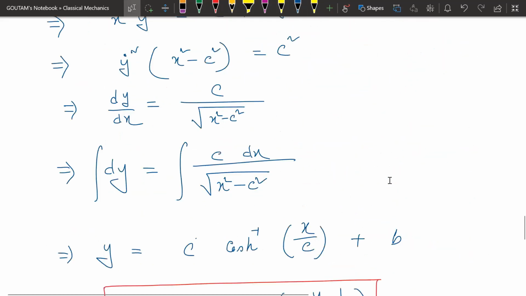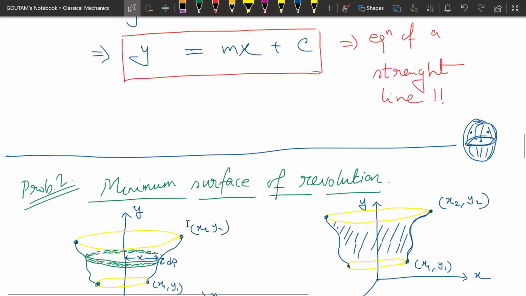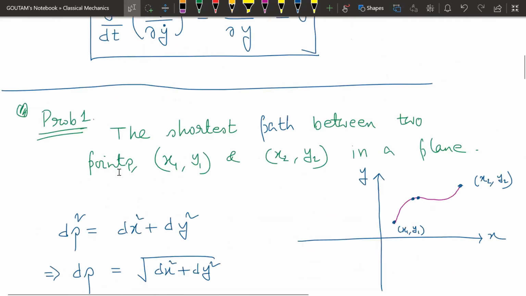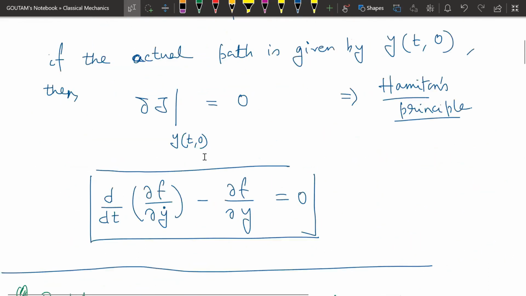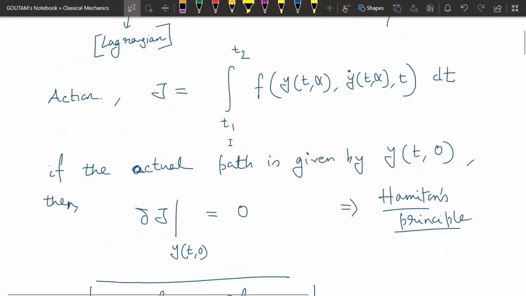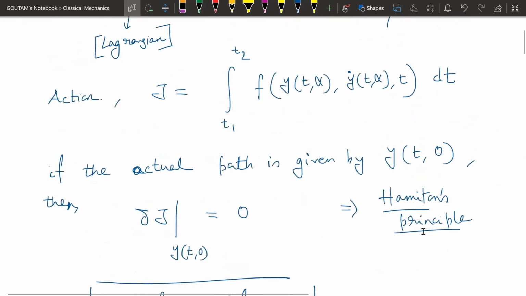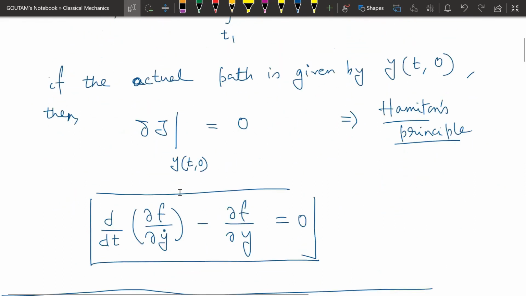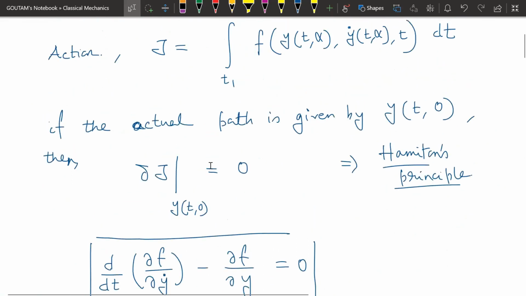Now notice one thing. Here we want to find the minimum surface of revolution, the minimum surface. Here also we want to find the shortest path or the minimum path. But in the calculus of variations, the way Hamilton's principle is defined, this equation will be satisfied if J is extremum.